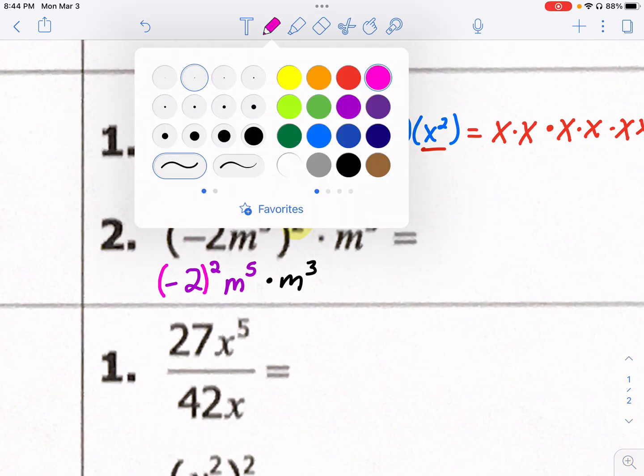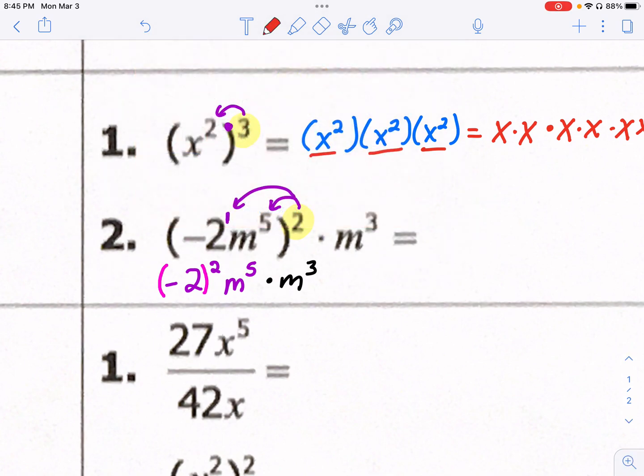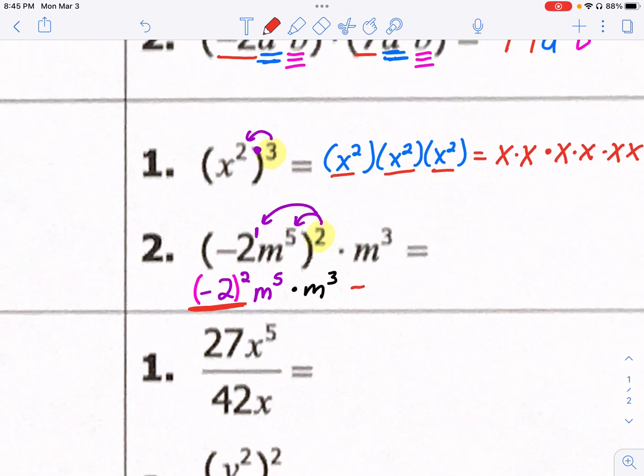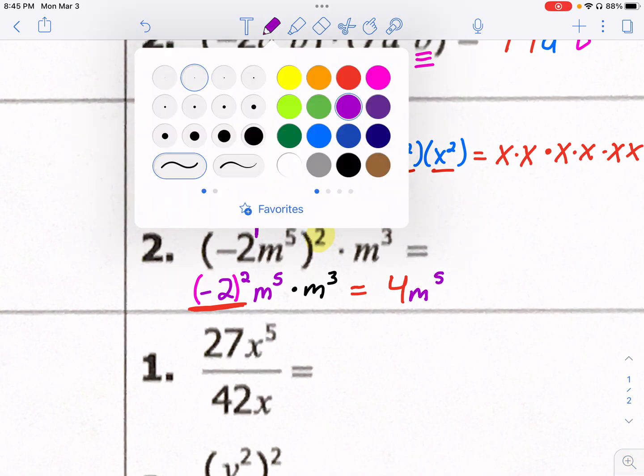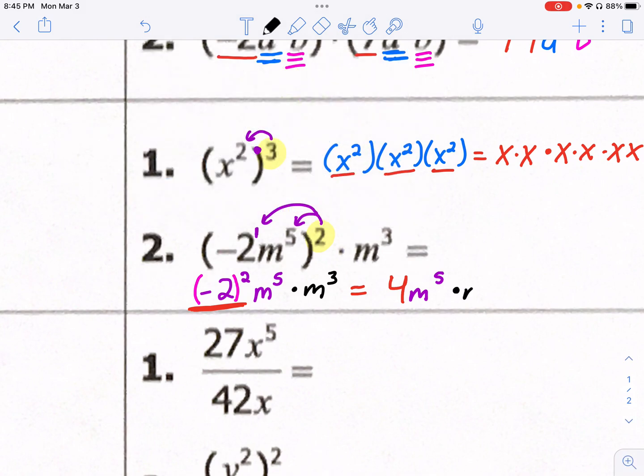All right, from here, what we're going to do next is simplify. Again, we can type this into our calculator. We cannot type the m's in there, but I can put negative 2 raised to the power of 2, and I should get 4, and I'm just going to copy down the rest, m to the 5th times m to the 3rd.